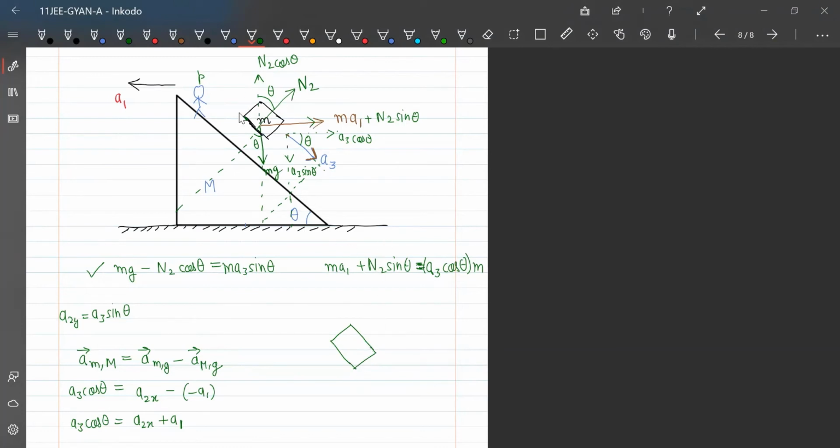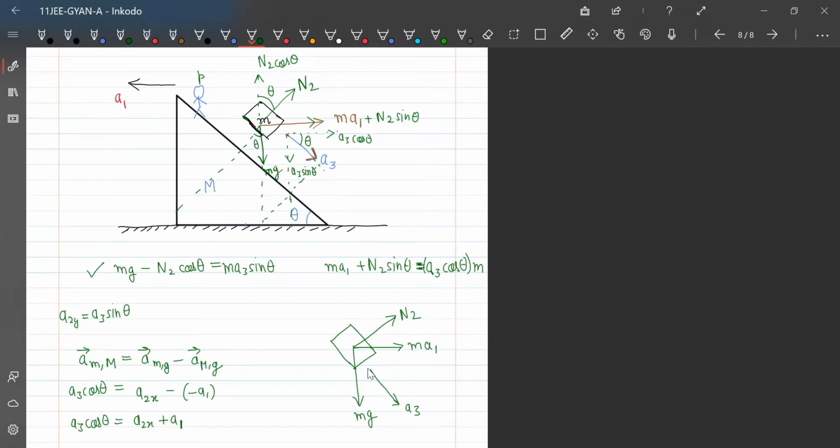And see, suppose if I draw this free body diagram again, I have this forces, mg in the vertically downward direction, and acceleration is down the incline, that is a3, and we have a force that is equal to ma1 in the forward direction.